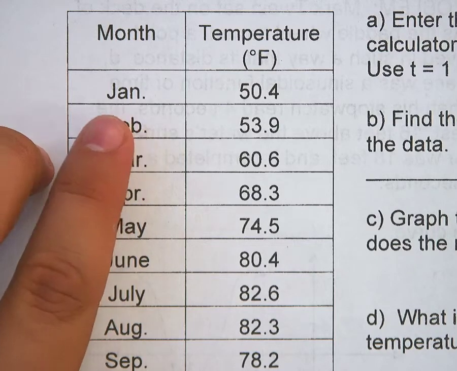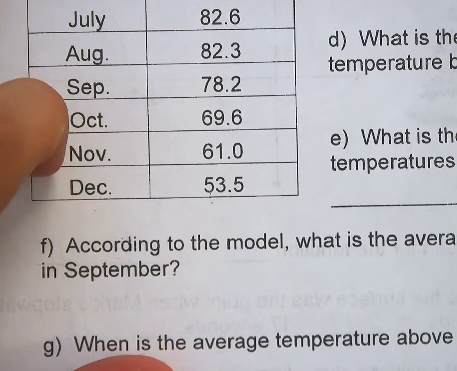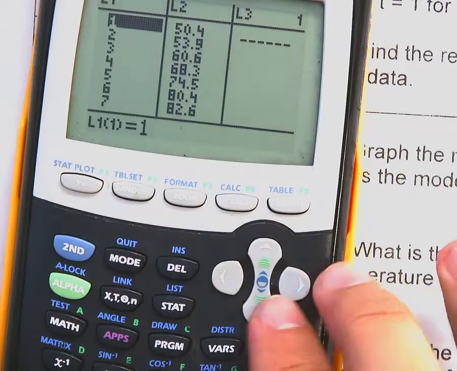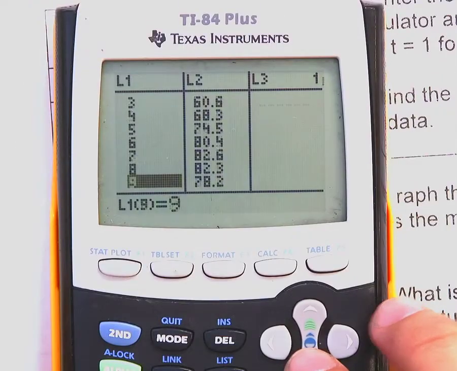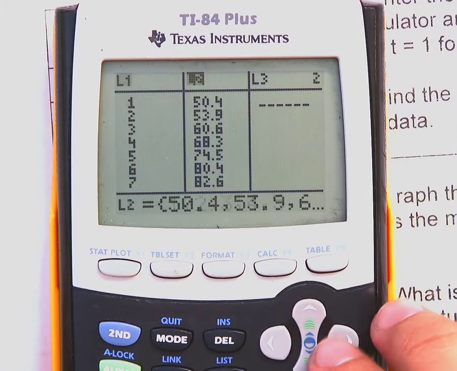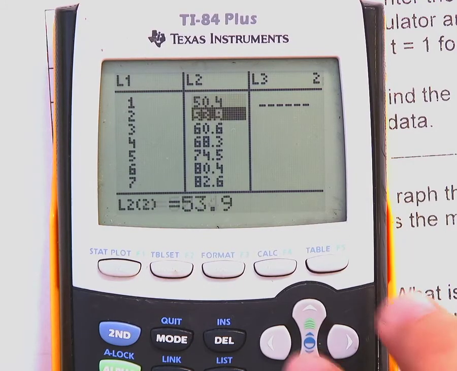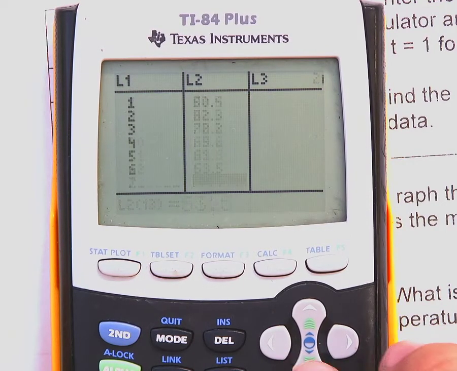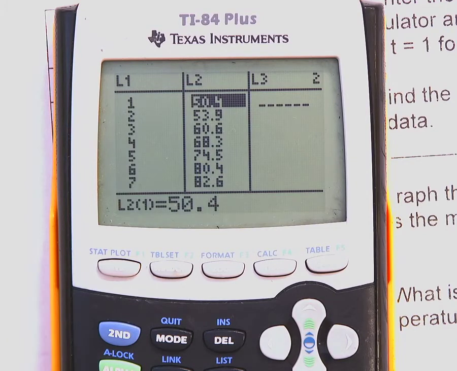January is 1, down through December is 12. So I entered 1 through 12 in list 1, right? And then in list 2, I entered their corresponding temperatures all the way down. So pause the video right here and do that.